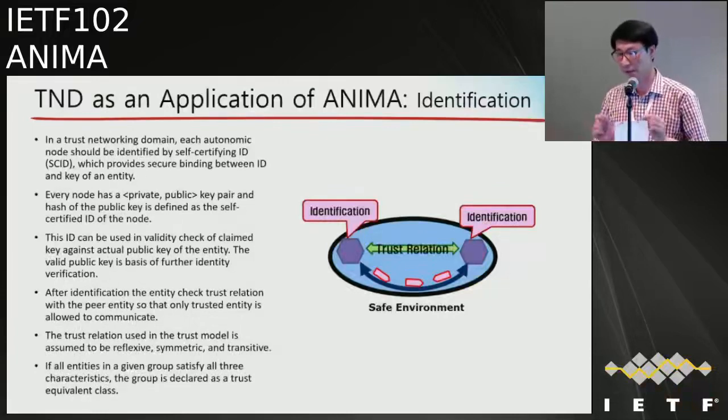This ID can be used to validate a claimed key against the actual public key of the entity. Not only this self-certified ID identification method, we also define a trust relationship between the nodes. Both identification and trust relations have to be satisfied in order for the autonomic nodes to be trustable in the domain.